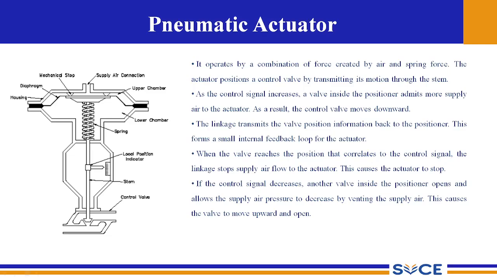So the tension in the spring will be released. So the spring actually expands. So when the spring expands, the diaphragm moves up to its normal position and the valve will be opened by moving this stem upwards.